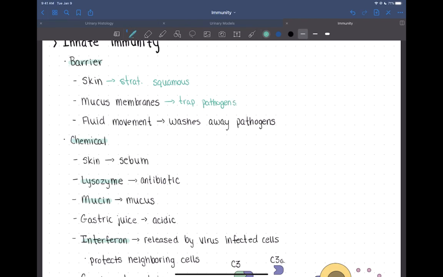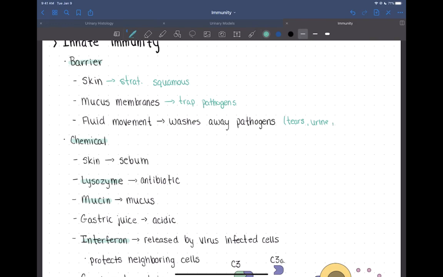And then another barrier would be fluid movement, all right? You might not think of this as a barrier, but this essentially will wash away any pathogens. And so this would be tears, for example, are a fluid barrier in your eyes. They keep washing across your eyes constantly to keep bacteria out. Urine helps to keep your urinary tract and your urethra clear of bacteria.